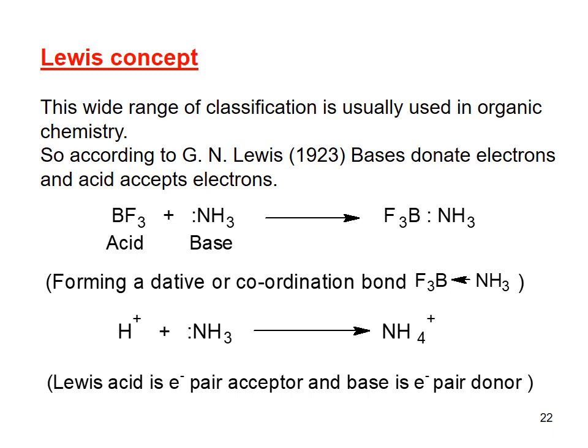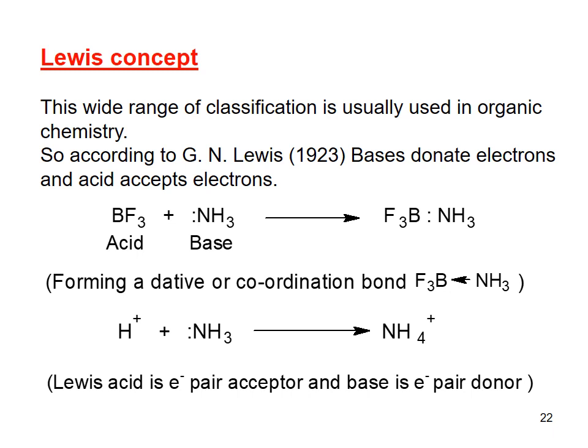So generally this Lewis concept is usually used in organic chemistry. The scientist Lewis explained that an acid accepts electron pairs and a base donates electron pairs. For example, if you take BF3 and ammonia NH3, ammonia is rich in electrons, so it can donate electrons to BF3.